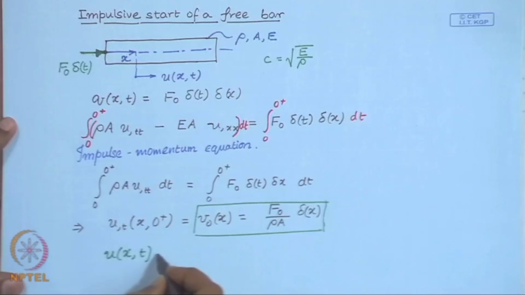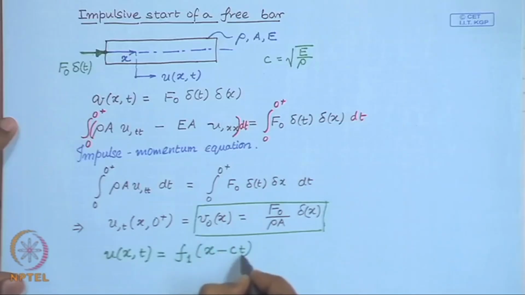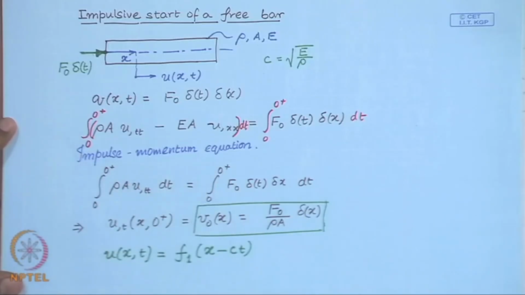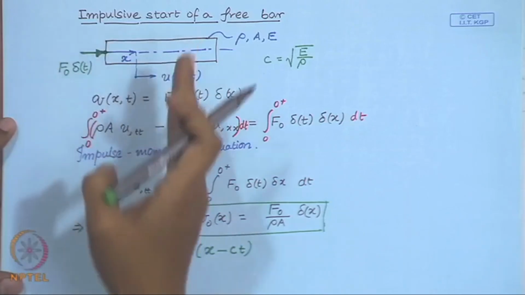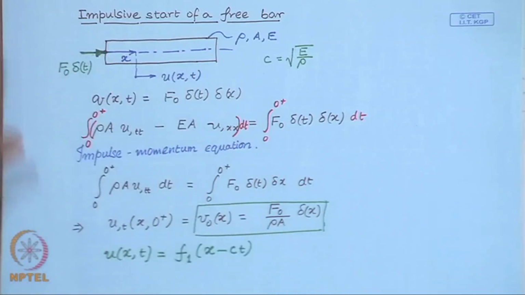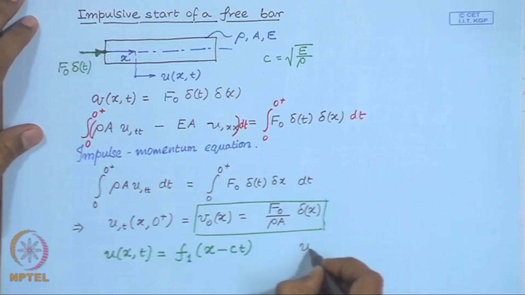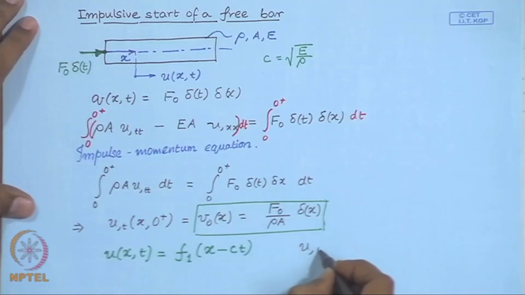So, the wave field in the bar can be written as f1. There is a positive travelling wave front in the bar, and the axial displacement of the bar is guided by this propagating wave front. Now, we will apply this initial condition. Let us differentiate this first.